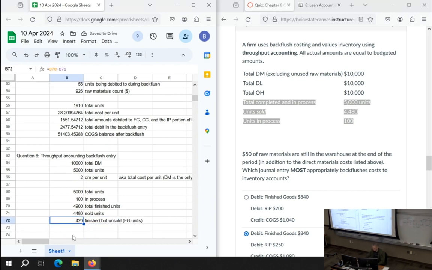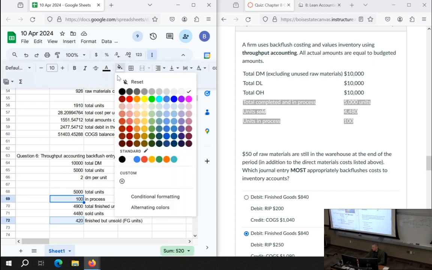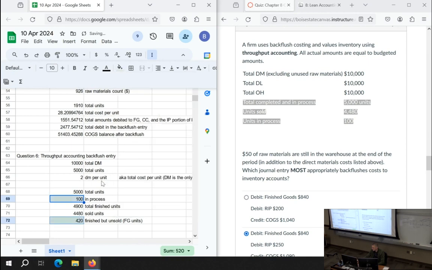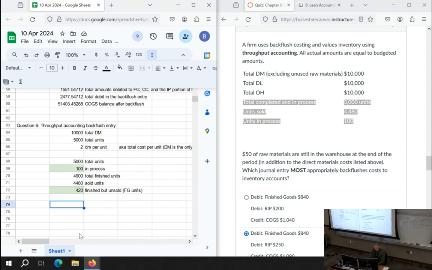So 420. So we're going to need to multiply that $2 by these two numbers to get the WIP portion to RIP and the debit to finished goods. So debit RIP. So WIP portion equals 100 times 2. And lo and behold, there it is, tempting you.